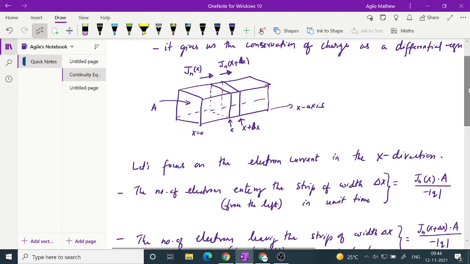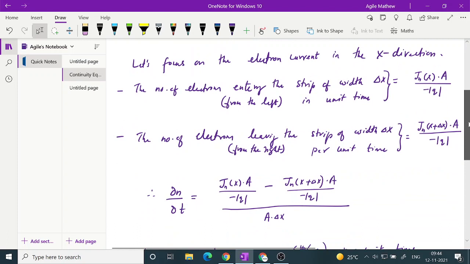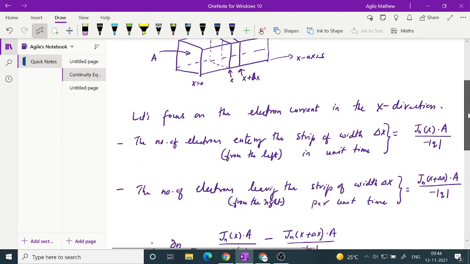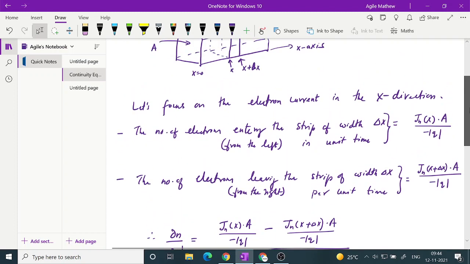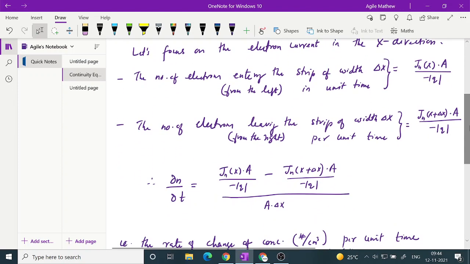But in the last class, we discussed generation and recombination. So that also is a possible way of changing the concentration of electrons inside. G is what we call the generation.